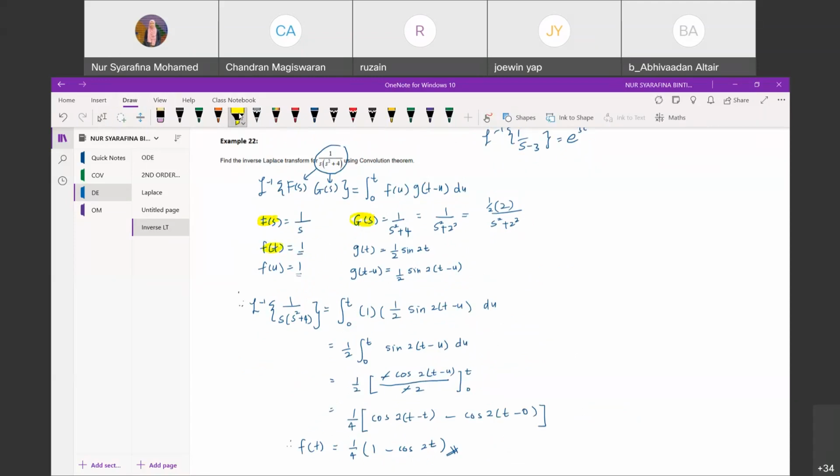Find f(t), find f(u), find g(t), find g(t minus u), and then just substitute into the formula: integrate from 0 to t f(u) times g(t minus u) with respect to u, apply the limits, and this is your f(t). This is how you find the inverse transform by using the convolution theorem. Is that clear?